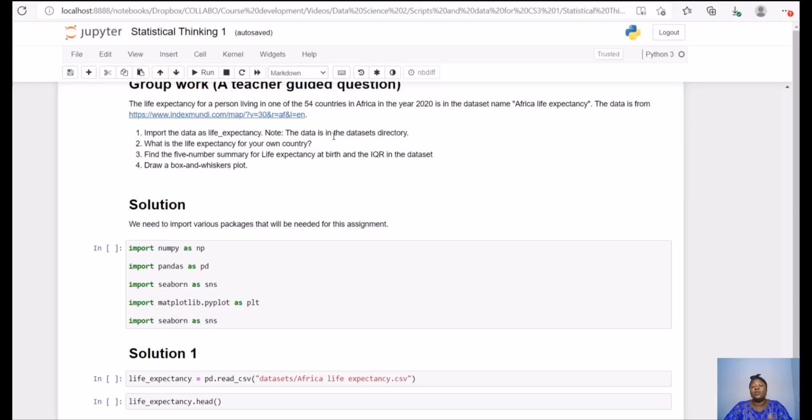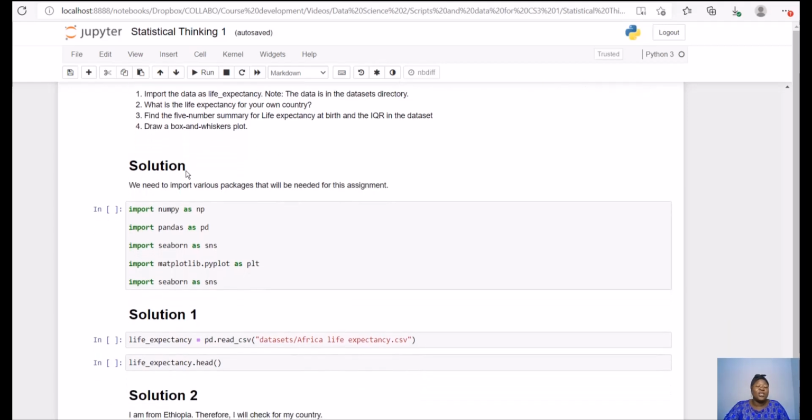Note that the data set is already in the dataset library. Then we calculate the life expectancy of your own country or any country of your choice. The third task is to find the five-number summary of life expectancy at birth and the interquartile range of the data set. Then you should also draw a box and whisker plot.